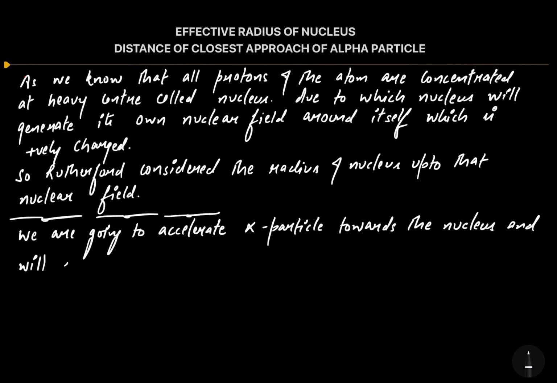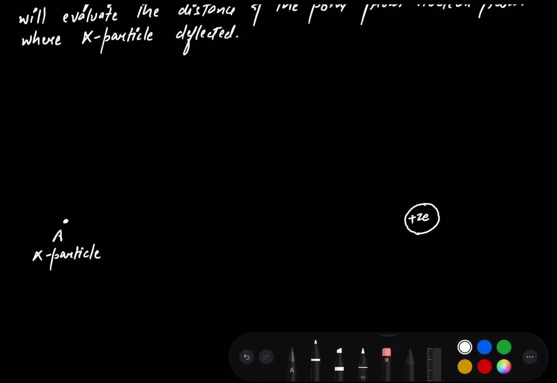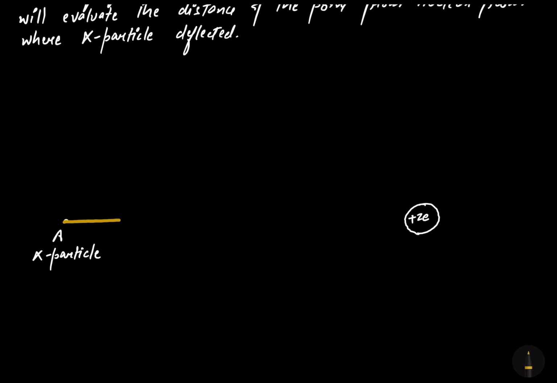So let me mention, this is the point A where we have taken the alpha particle, from where alpha particle got accelerated. Now this accelerated alpha particle is moving towards the nucleus in this direction. It is approaching the nucleus, is getting slowed down.